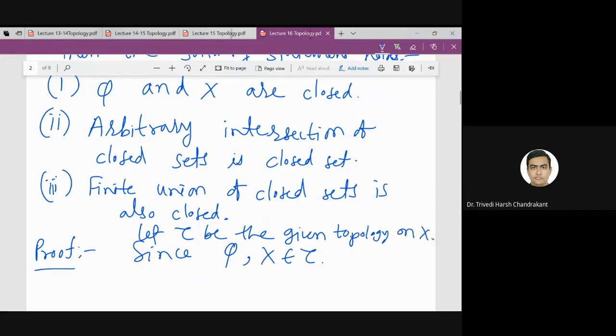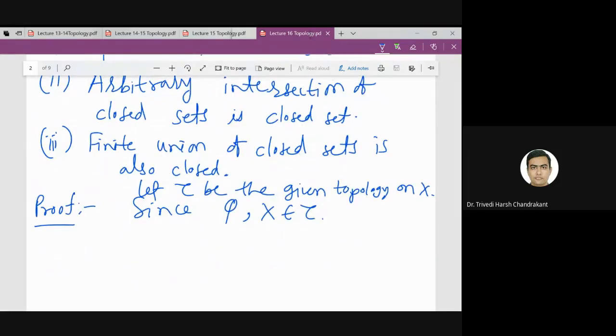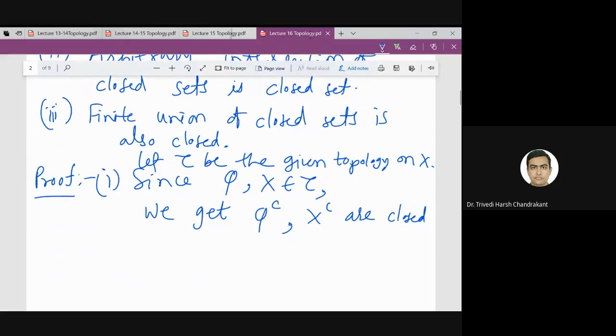Usually we write tau_X, but here in the statement only one topology is being discussed, so I will denote it simply by tau. For the first property, since phi and X belong to tau, that means phi and X are open. So their complements are closed. So what we get is phi complement and X complement are closed in X, or with respect to tau.